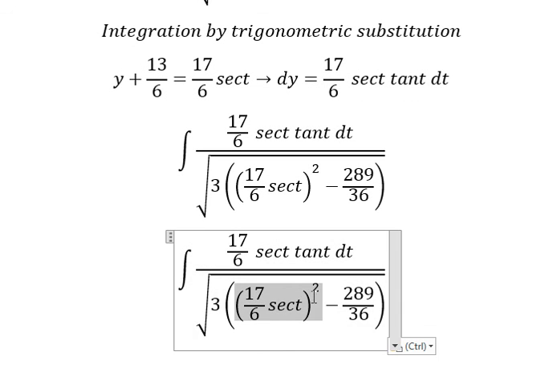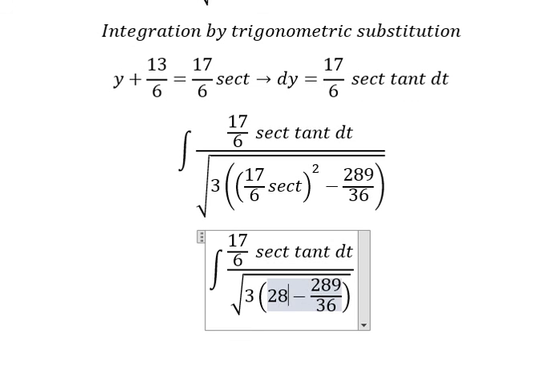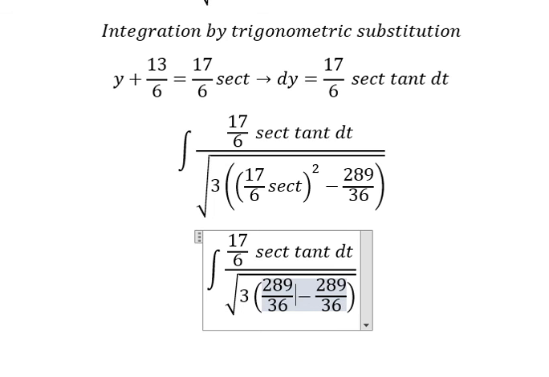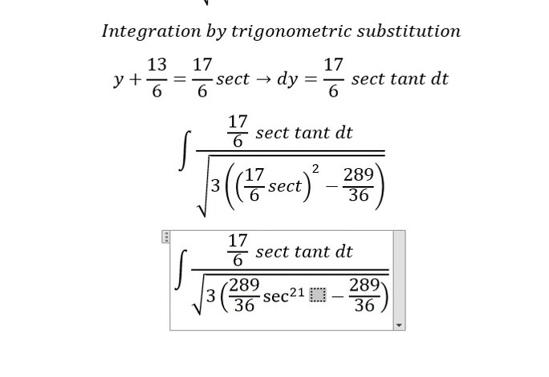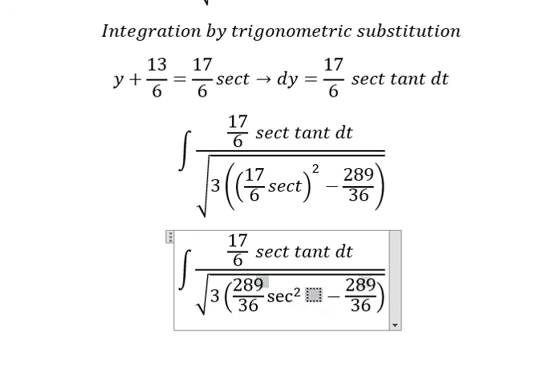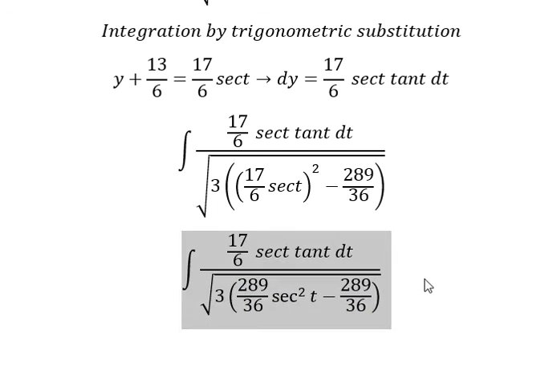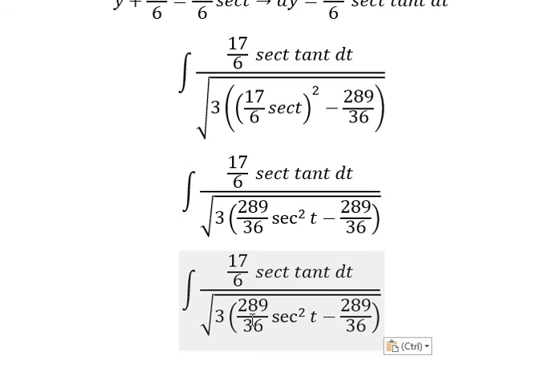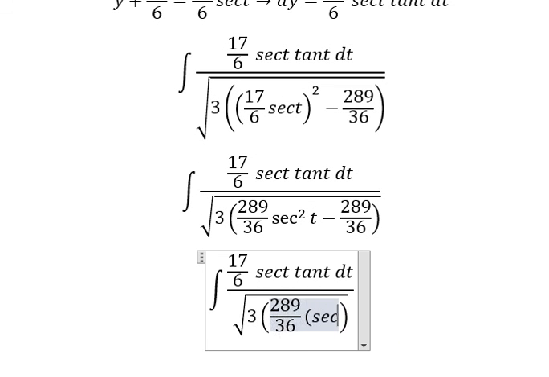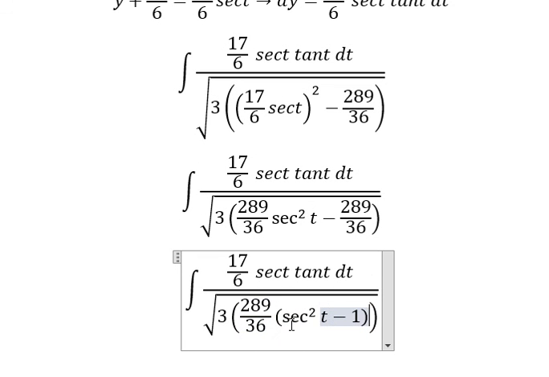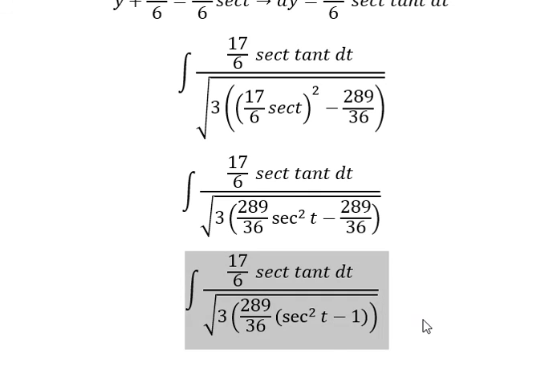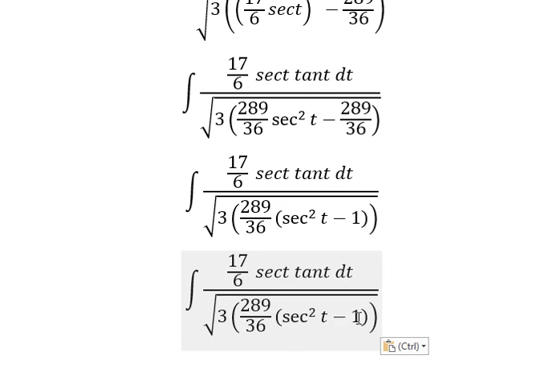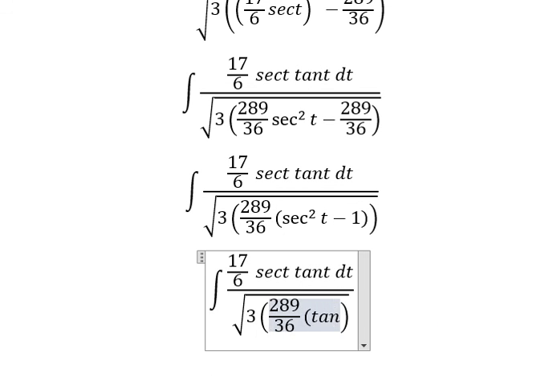This one you will get 289 over 36 secant of t square. So we can do factorization of this one. This one we change for tan t square.